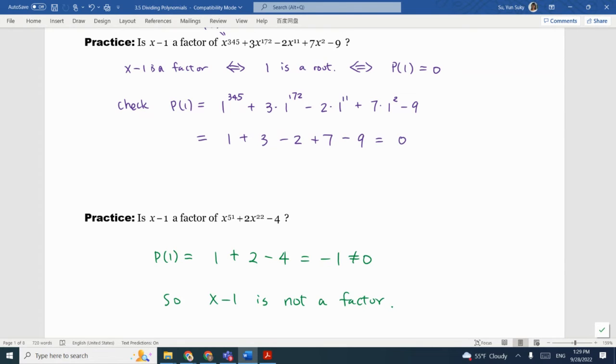Okay, so we have an example where x minus 1 is a factor. We also have an example where x minus 1 is not a factor. So you just plug 1 into the function to see whether it equals 0. So far so good, everybody? So no simple division is needed. Okay, very good. Let's keep going.